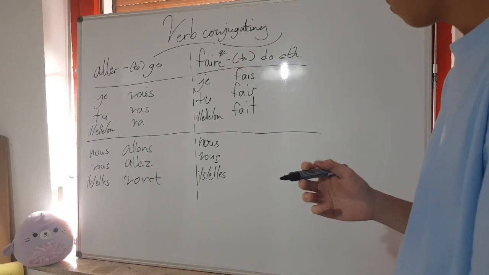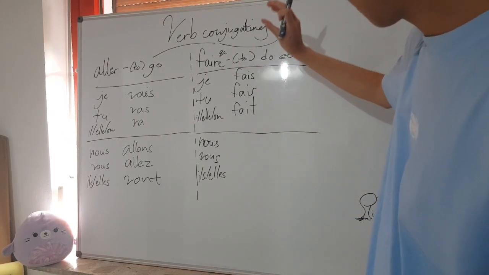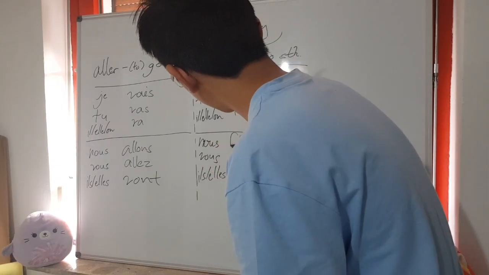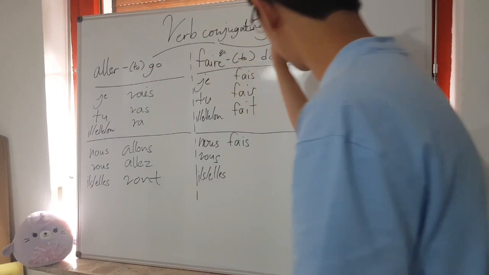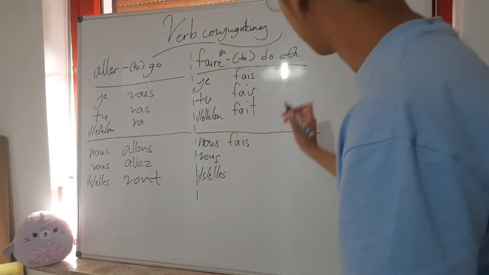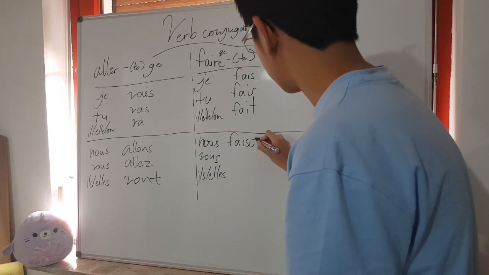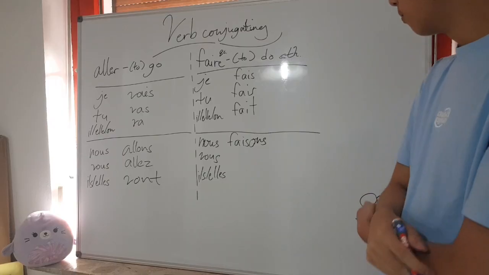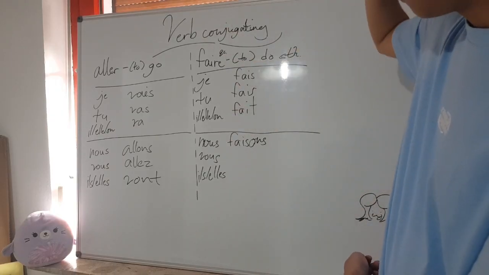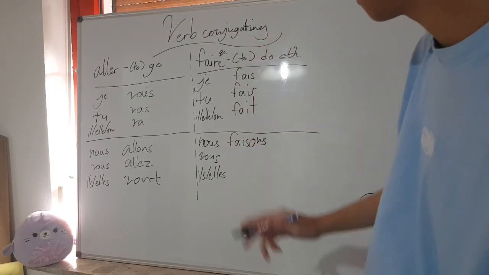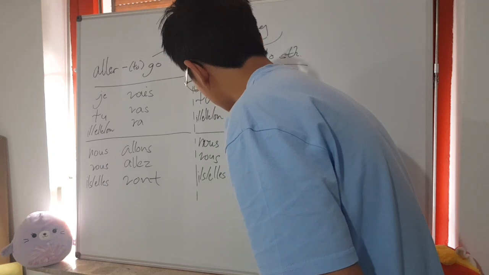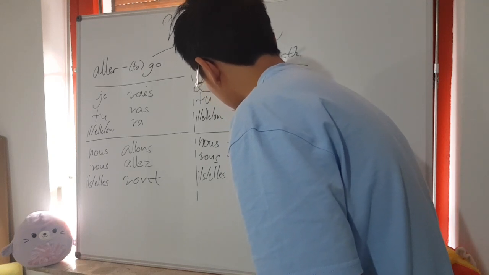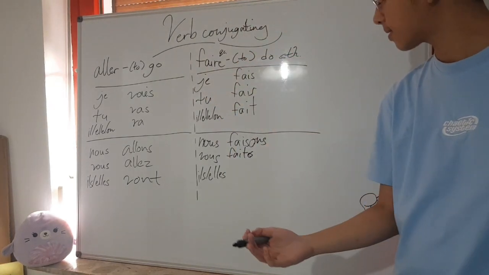Now for nous, we're going to take this, but instead of just that, we're going to add an ending. Basically, ons. Nous faisons. Now for vous, we're going to actually take this. Vous faites.